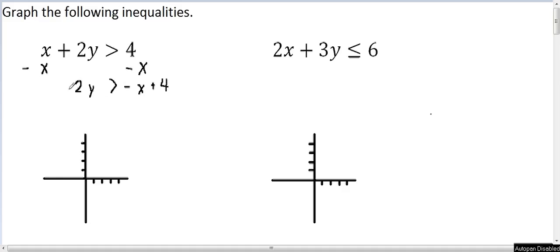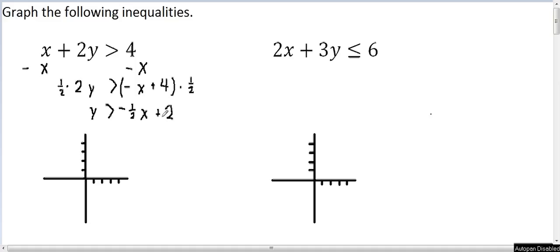Then we can divide both sides of the inequality by 2. So we end up with the inequality y is greater than minus 1/2 x plus 2.